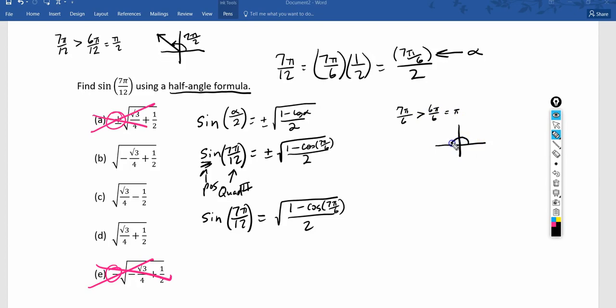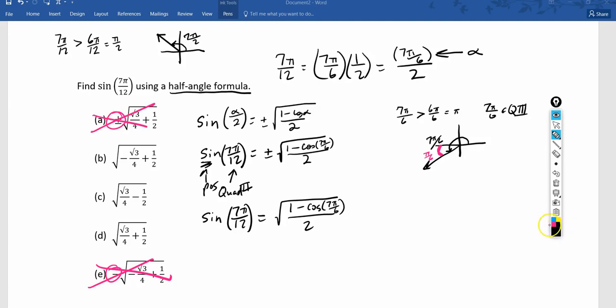So I go a little bit past 6 pi over 6, and there's 7 pi over 6. So 7 pi over 6 is in quadrant 3. Now, what's the reference angle? The reference angle is the angle that the terminal side makes to the nearest x-axis. And so my reference angle here is going to be pi over 6, because it'll be the flat angle plus the red bit that gives you 7 pi over 6.